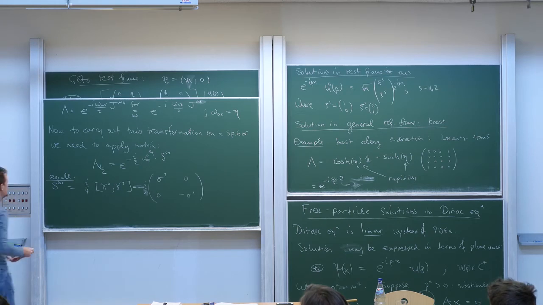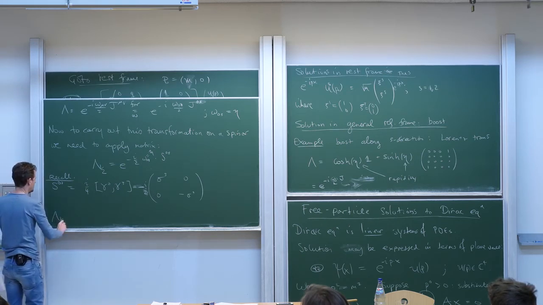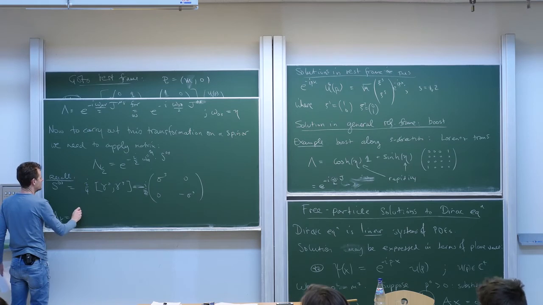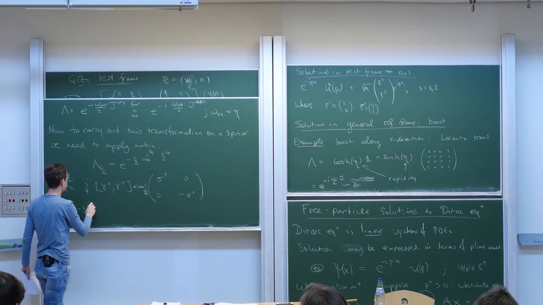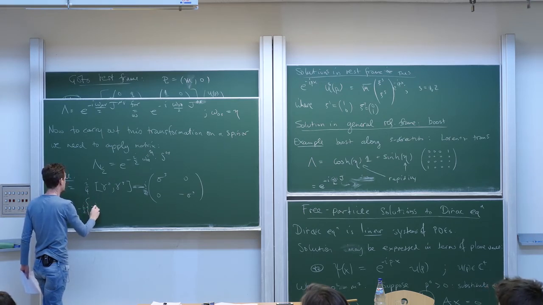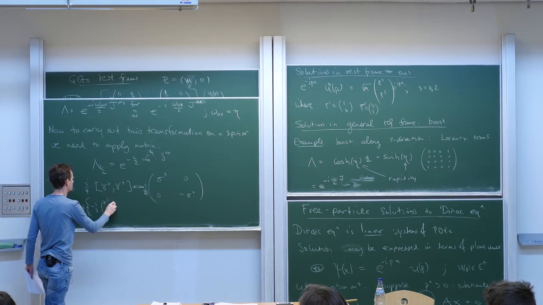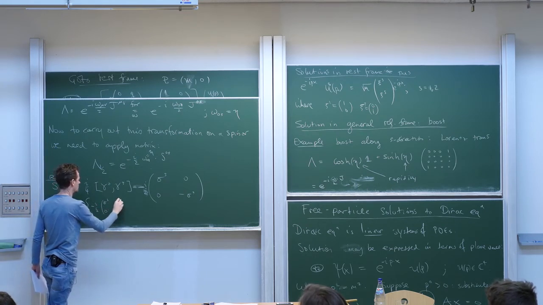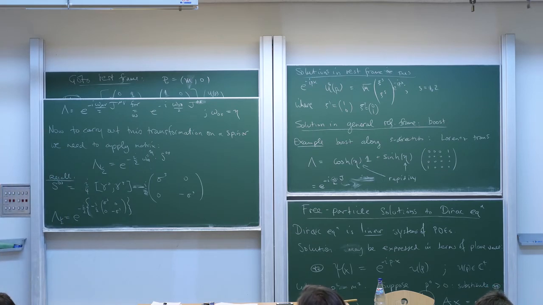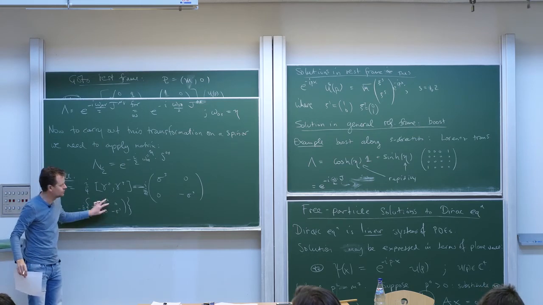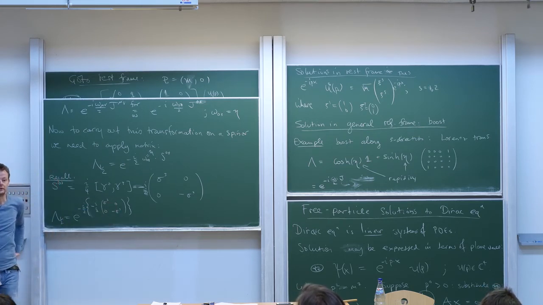And lambda half then equals, well, whatever, e to the minus i over 2 times this matrix. And this is actually pretty easy to calculate because this is a direct sum of two 2 by 2 matrices, and exponentials of 2 by 2 matrices are doable, right?